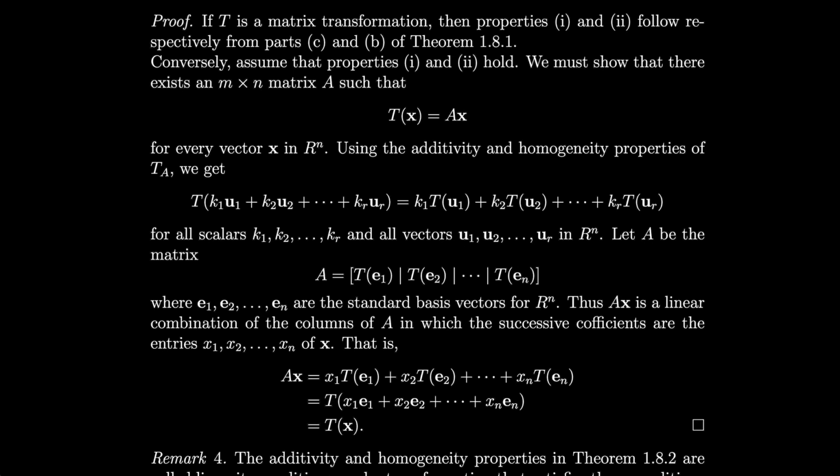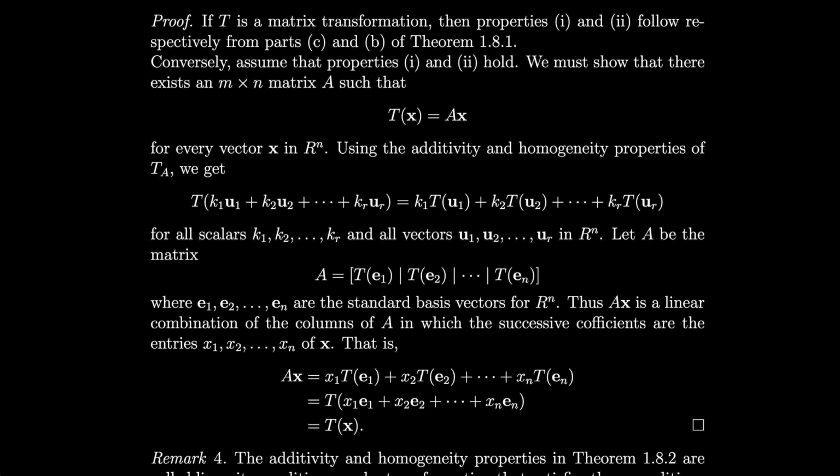A of x is a linear combination of all the columns of A in which the successive coefficients are the entries x1 through xn of x. That is, Ax is equal to x1 times T of e1, x2 times T of e2, and so on. But we could just put the x's inside by linearity, because we're assuming the homogeneity property.